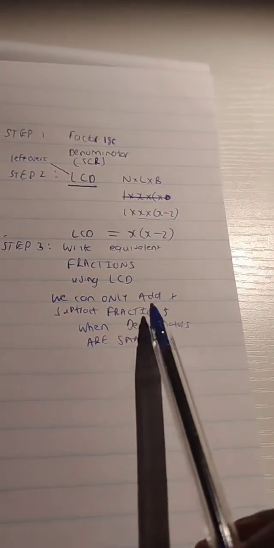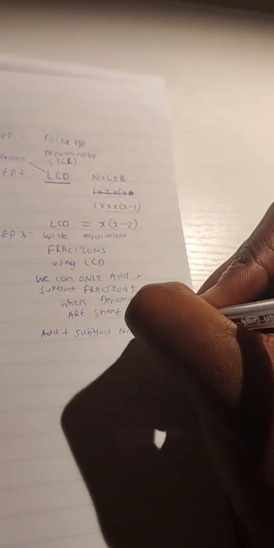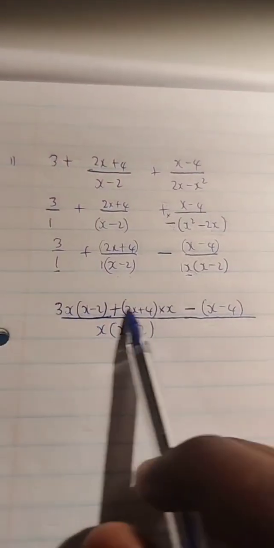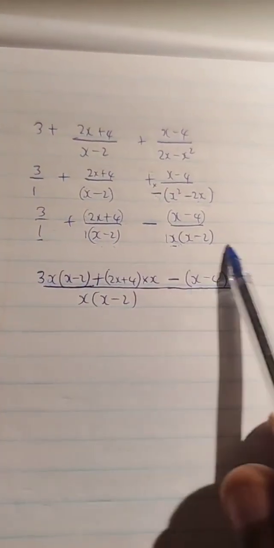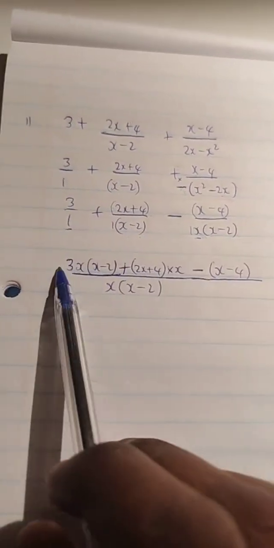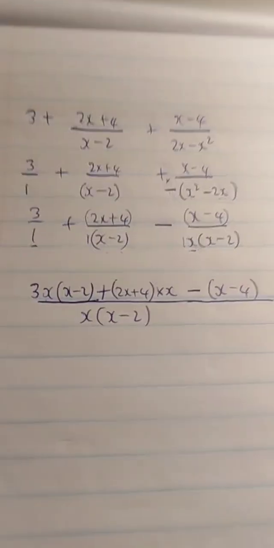So we can only truly add and subtract fractions when the denominators are the same, and we actually only add and subtract the numerators, the top numbers. We keep the LCD. There it is. So that's why I just wrote a common LCD for all three fractions, checking who is missing.